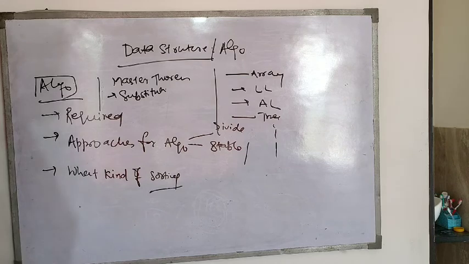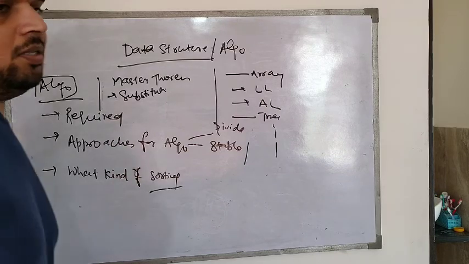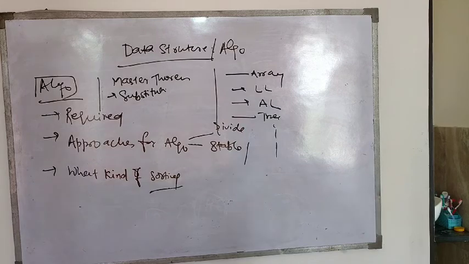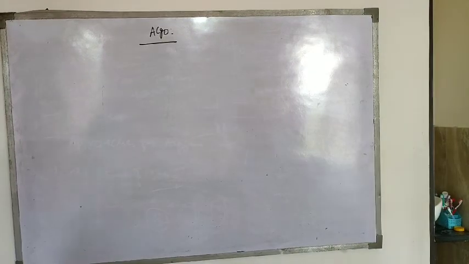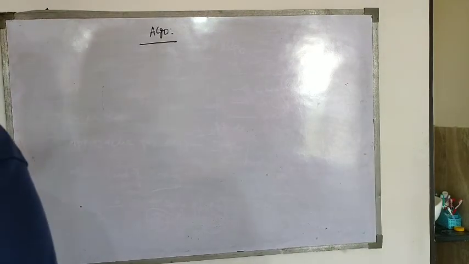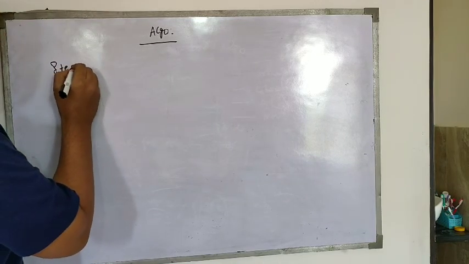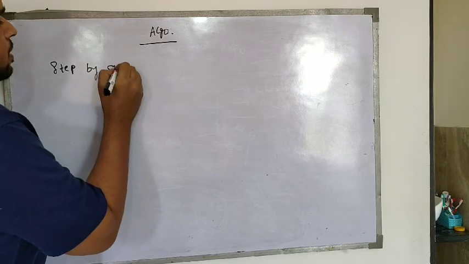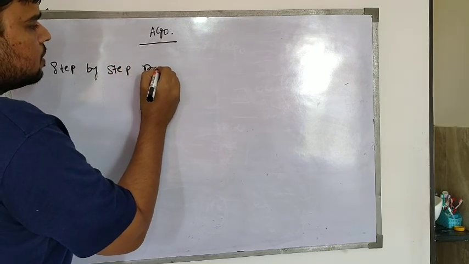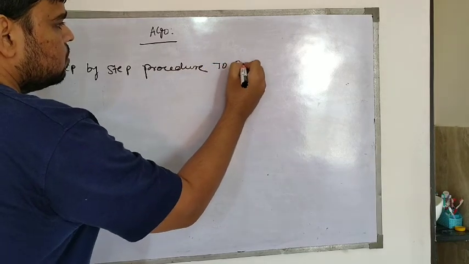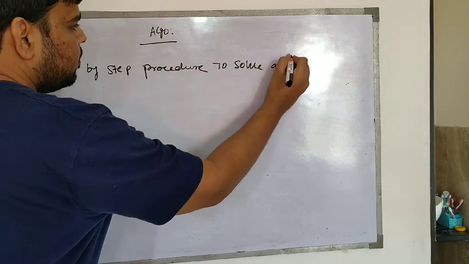So today this is my very first video, so I'm going to start with what an algorithm is. So an algorithm is a step by step procedure to solve a problem.